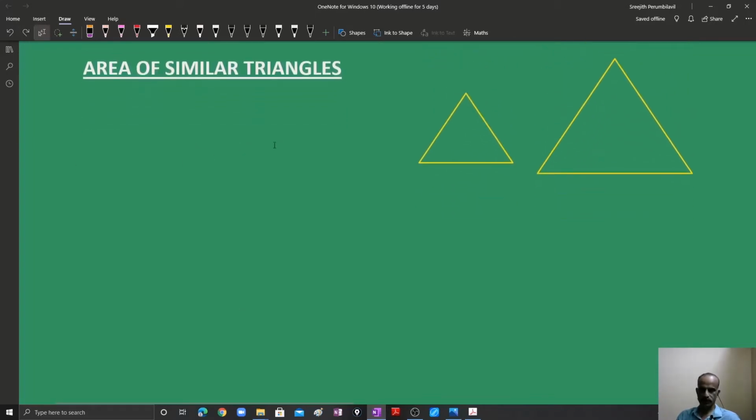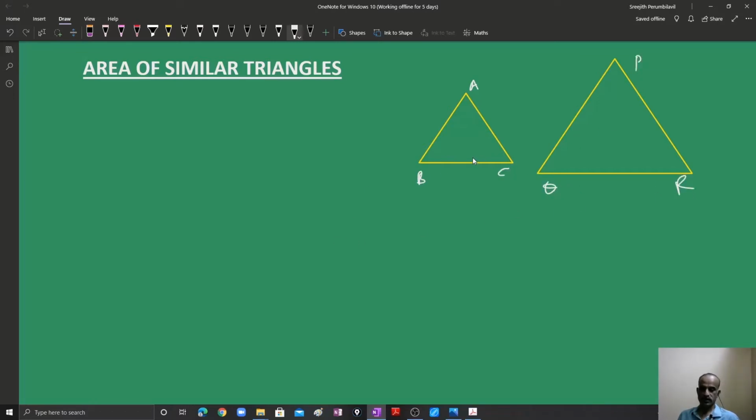As far as the grade 10 NCERT reader is concerned, you need to learn about the relationship between the areas of two similar triangles. Let us consider two triangles ABC and PQR.